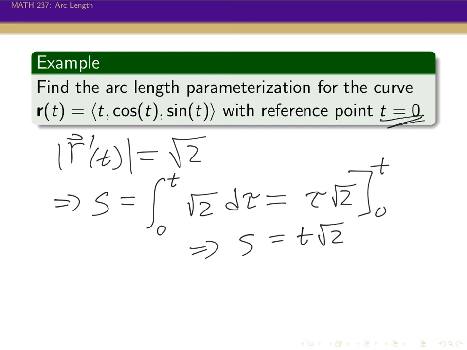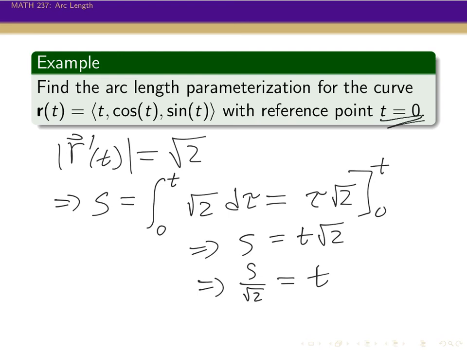Right, so I have s as some function of t, but I want it the other way. And so s over square root of 2 is going to equal t. Okay. So now we've written our parameter t as a function of the arc length.